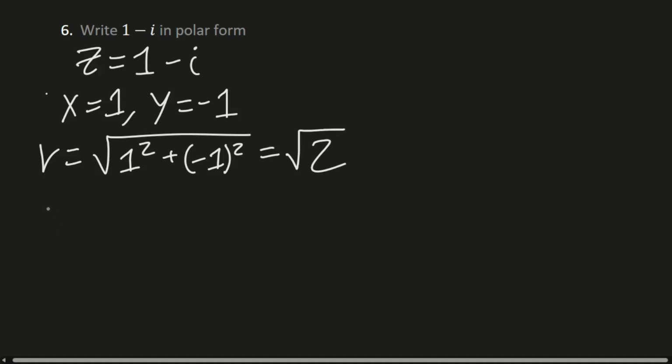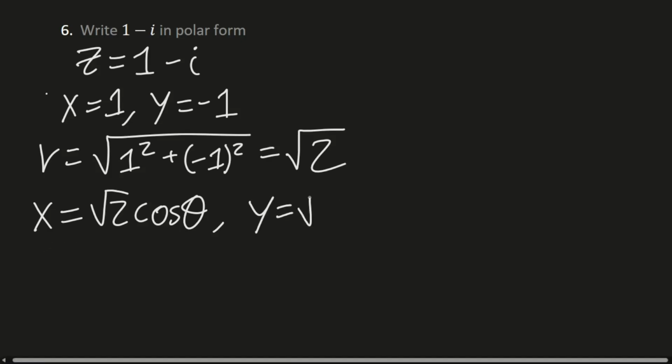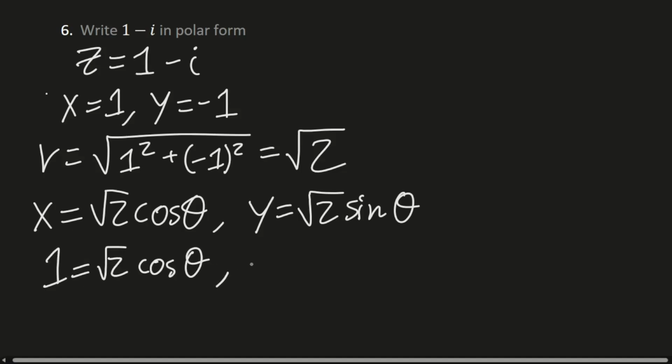And x is equal to the square root of 2 times cosine of theta. And y is equal to the square root of 2 times sine of theta. So we have 1 is equal to the square root of 2 cosine of theta. And then the other one is negative 1 is equal to the square root of 2 times sine theta.